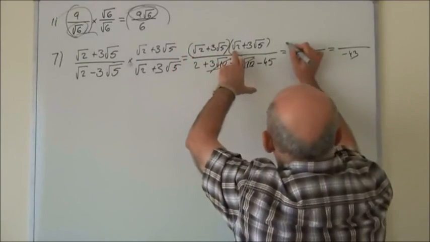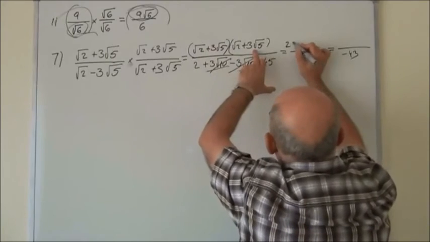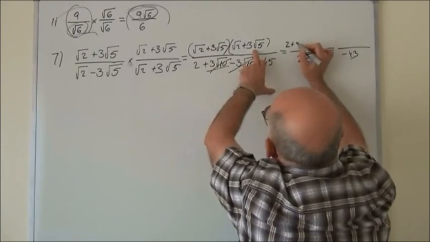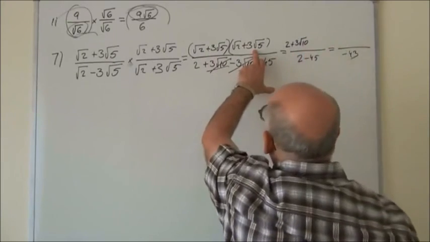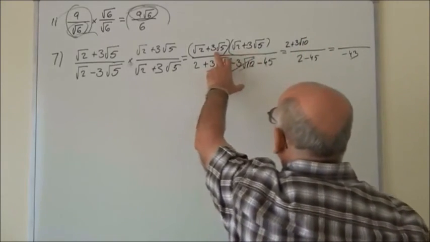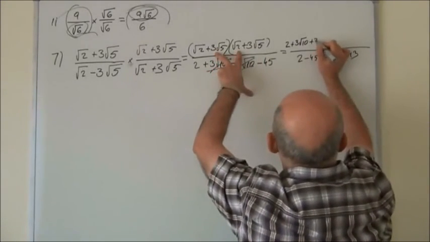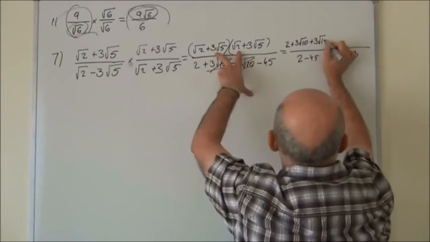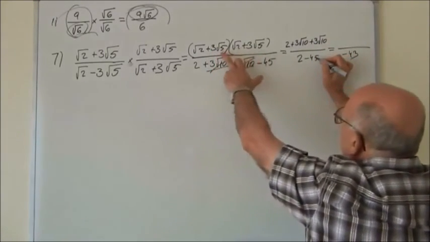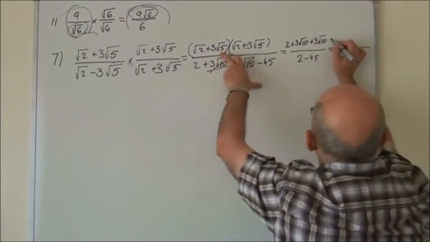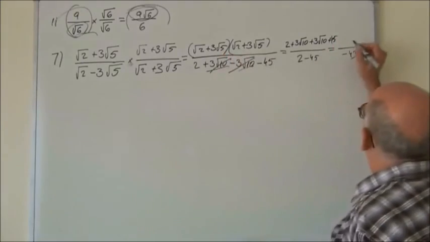Root 2 multiply root 2 is just 2, root 2 multiply 3 root 5 is plus 3 root 10, then 3 root 5 multiply root 2 is plus 3 root 10, and 3 times 3 is 9, times 5 is 45.